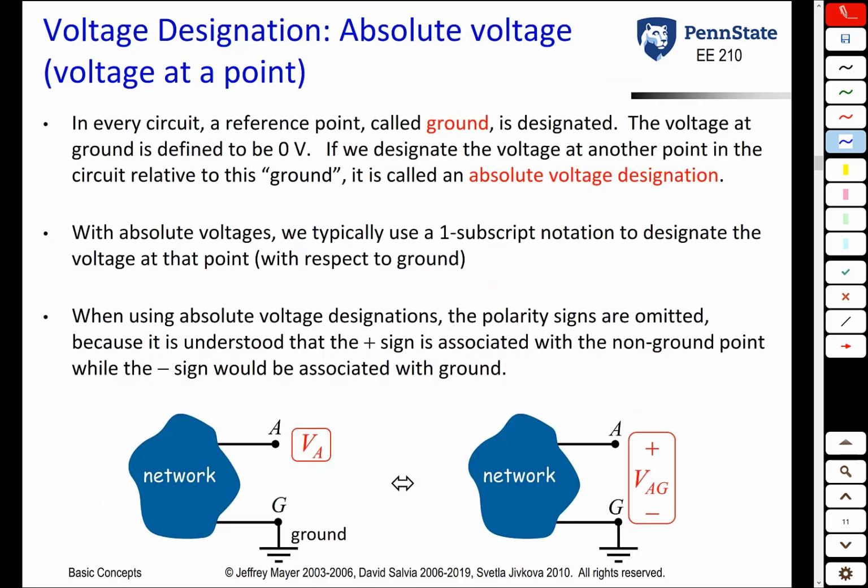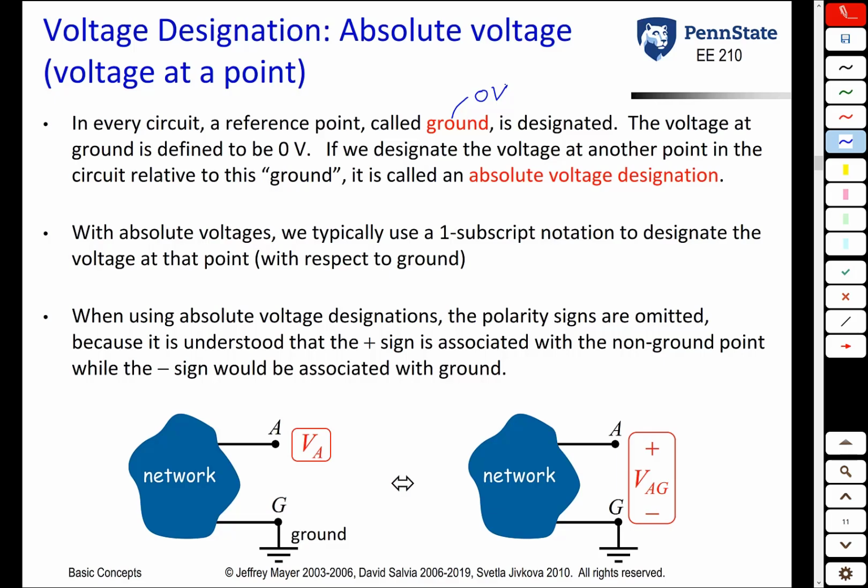So in addition to talking about relative voltage, the voltage between two points in a circuit, we also have something called an absolute voltage, which is voltage at a point in the circuit. It turns out that in every circuit, we have a reference point that we call ground. Ground is basically what we're calling 0 volts. So if you pick a point in the circuit called 0 volts, you can now find the voltage at any other point in the circuit relative to that point.